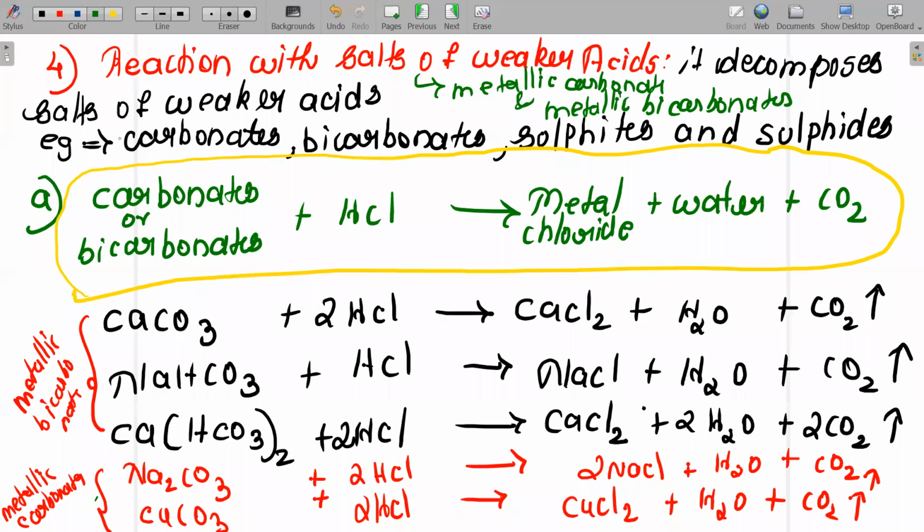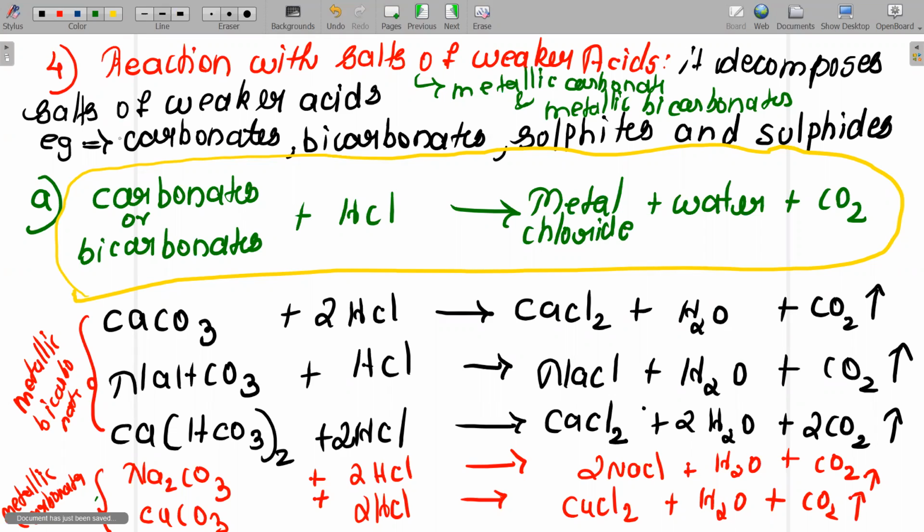Is this reaction easy for you people? Any problem? Once again, sir will repeat. Children, we are going to talk about the reaction of HCl with the salts of weaker acid. What do you mean by salts of weaker acid? Salts of weaker acid means they are either metal carbonates or metallic bicarbonates.